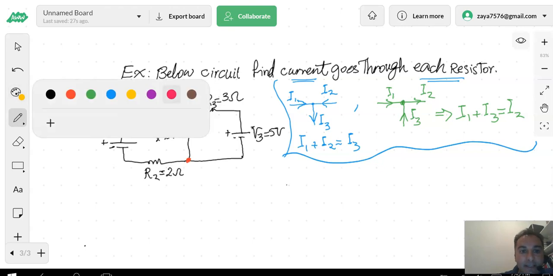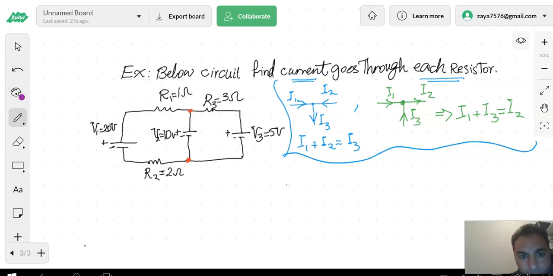So let's say, I will say this is I1. That's just an arbitrary decision. Then let's pick this one I2. If I1 is this, I2 is this, then what is this one? It will be I3, correct?